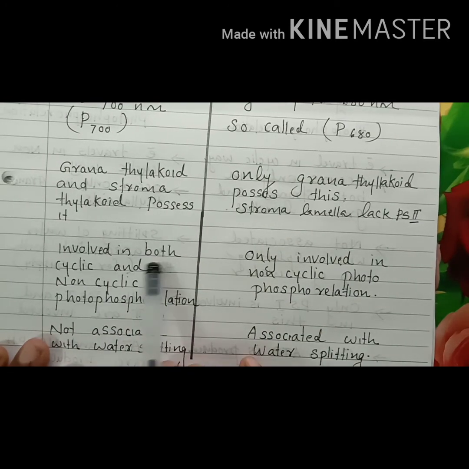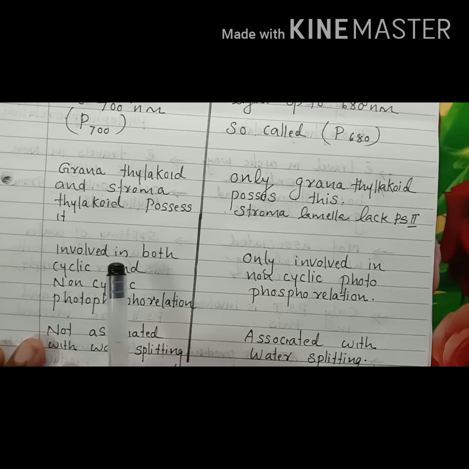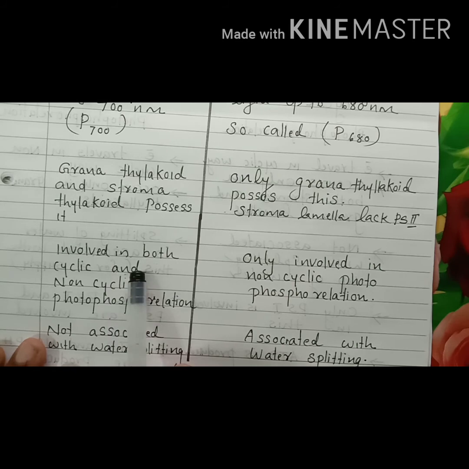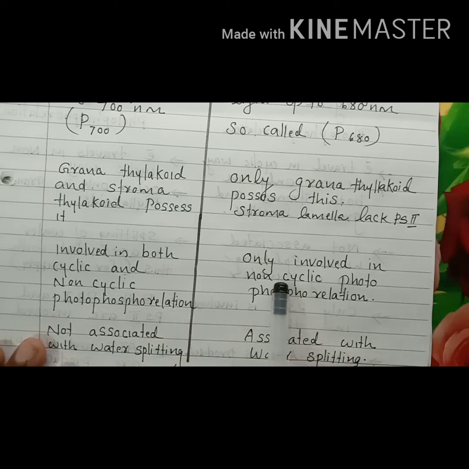The next difference: PS1 is involved in both cyclic and non-cyclic photophosphorylation. We will study this process in detail. Just keep this point in mind. This is a type of energy formation that occurs in a cyclic way and a non-cyclic way. PS1 can be seen in both processes, but PS2 is involved only in non-cyclic photophosphorylation.